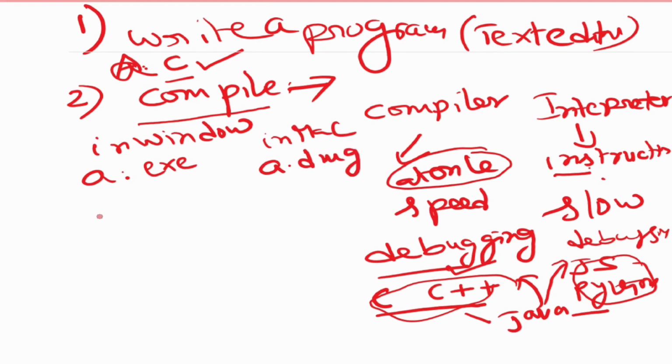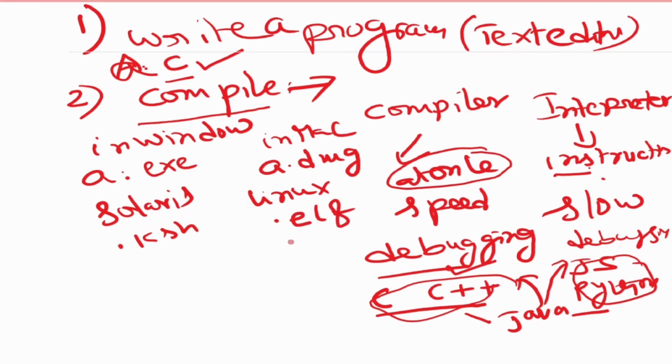On the Solaris operating system, the extension is ksh. On Linux, the extension is elf, Executable and Linkable Format. So depending upon the platform, whether Windows, Macintosh, Solaris or Linux, the program will run.